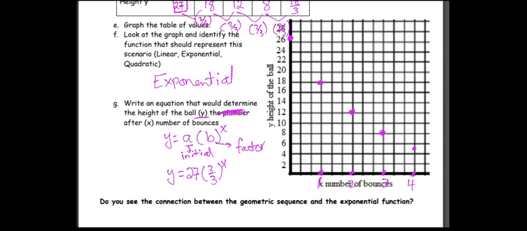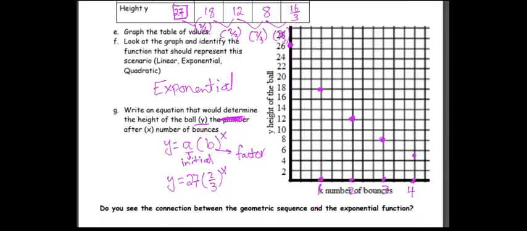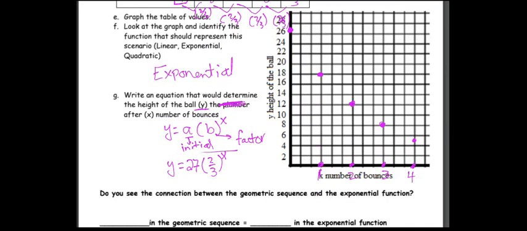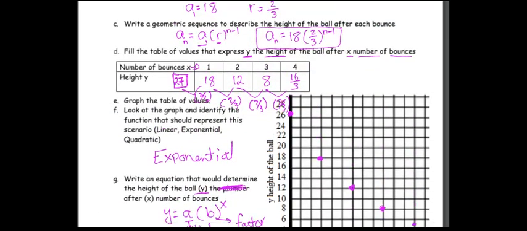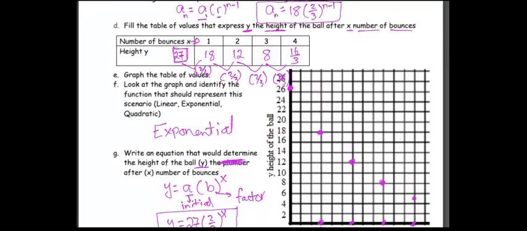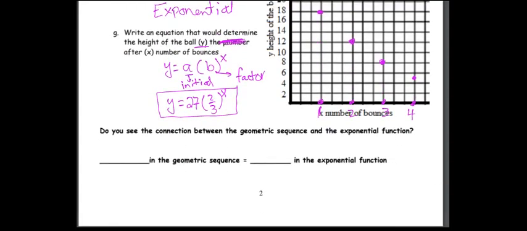If you look at the nth term equation that we had for the sequence, and the exponential equation, you will see that both have one thing in common, which is the common ratio and the exponential factor.